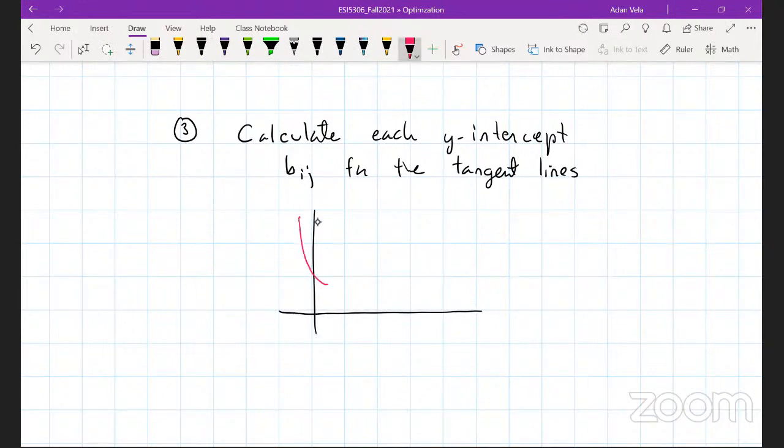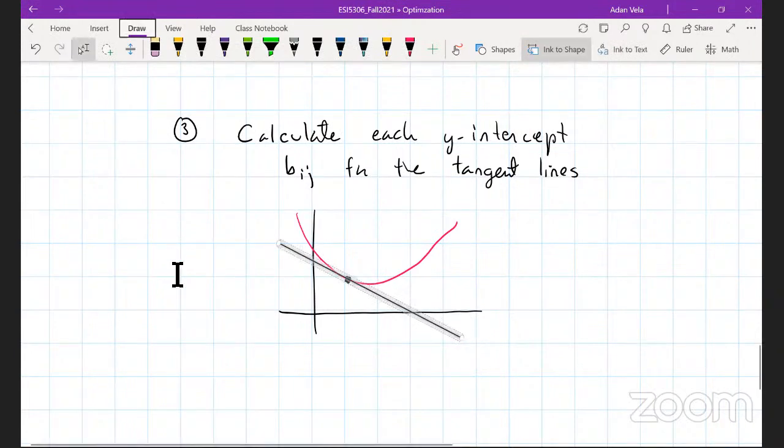Maybe you can calculate it on your own, but I'll provide the equation. That way you don't have to go through the calculation. So if we have a point here, and again, we're going to put a tangent line through the function. We want to calculate this point right here, the intercept.